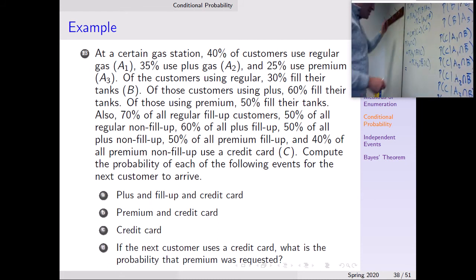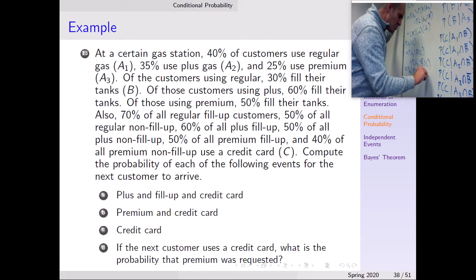So the probability of A3 and B and C. Well, that's the probability of A3, which we know, times the probability of B given A3, which we know, times the, right, at this point A3 happened, B given A3 happened. At this point, A3 and B have both happened.